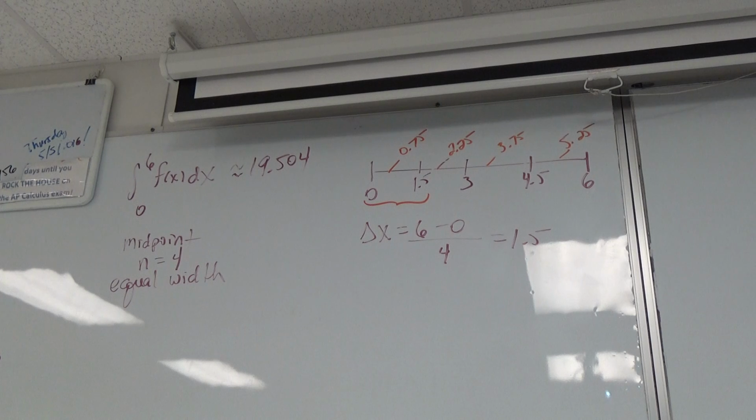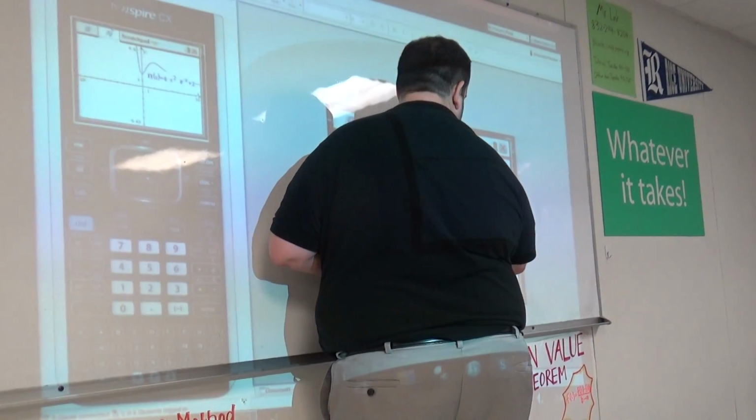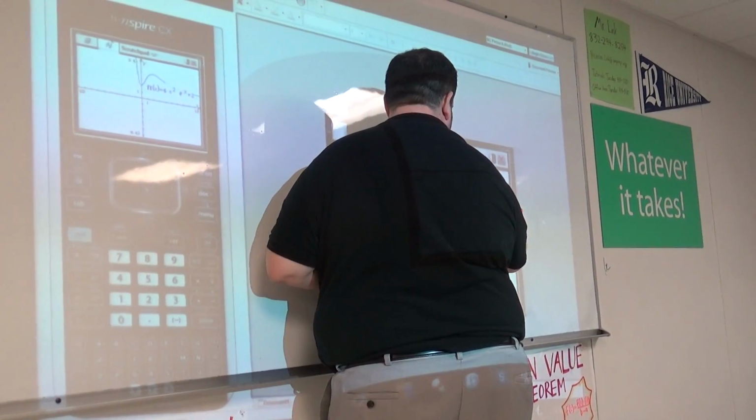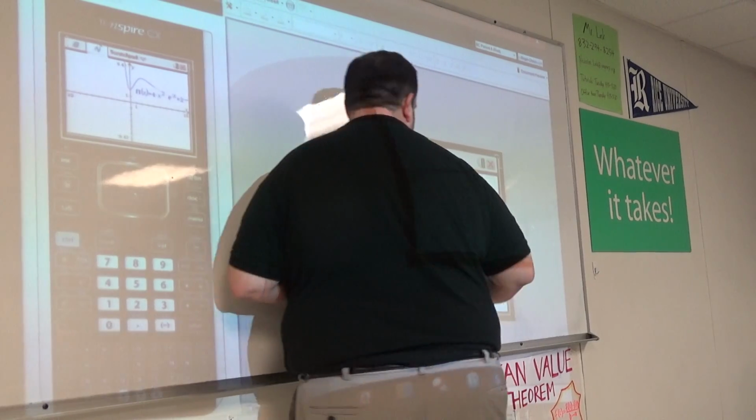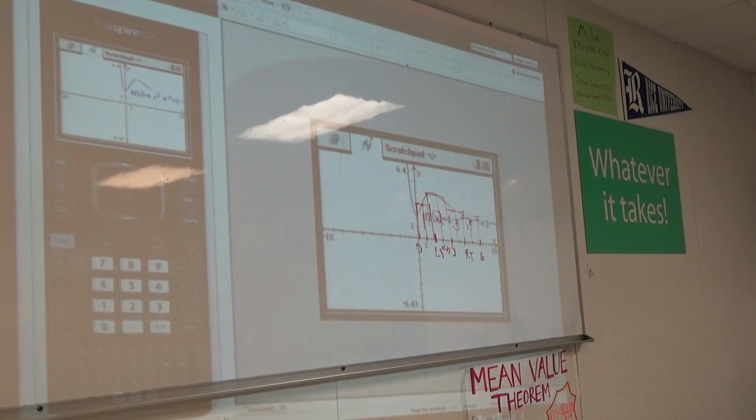From 1.5 to 3, at 2.25, I'm going to go up, over and down. At 3.75, over to the left, over to the right, and down. 5.25, over to the left, over to the right, and down. Those are the 4. If I want to actually get the area, I just need the area for each rectangle.